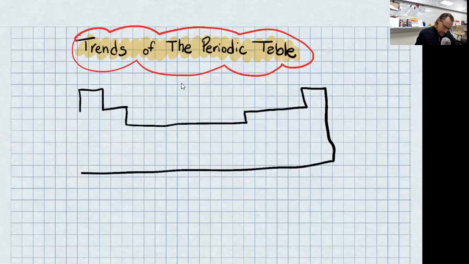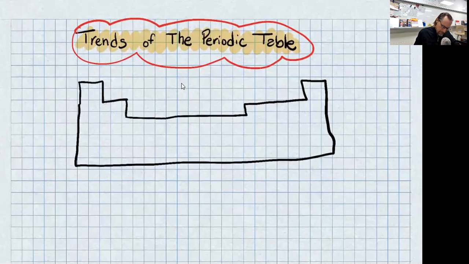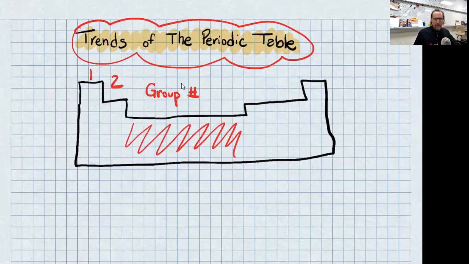And it doesn't have to be real pretty, but we're just making a model of what the periodic table looks like. And what we then talked about was across the top here, we have our group numbers. Because we're ignoring these transitional metals in here, we have group 1 and group 2 on the far left.